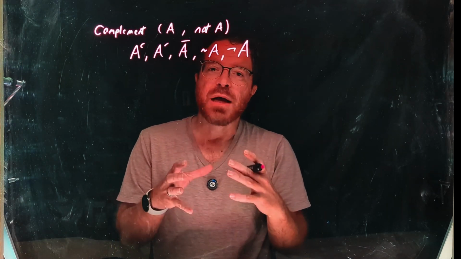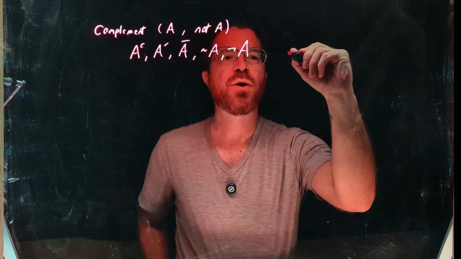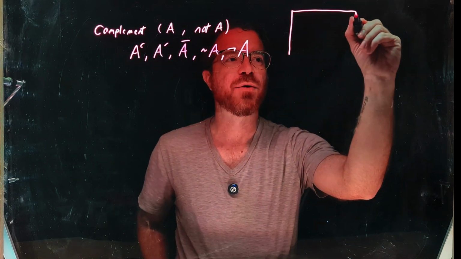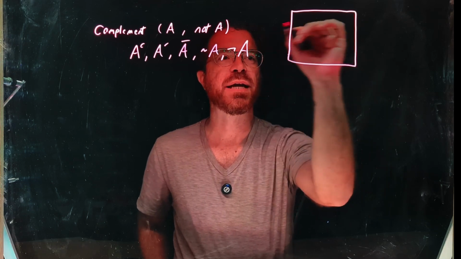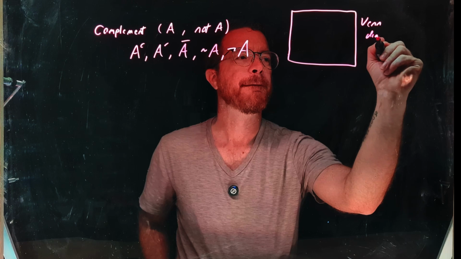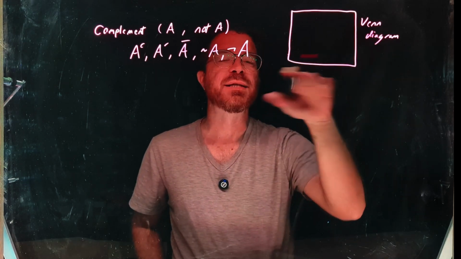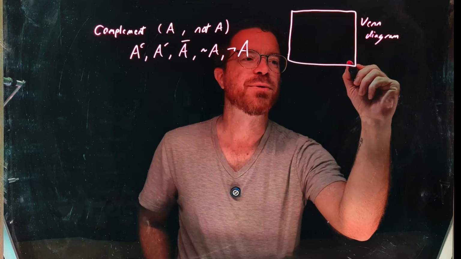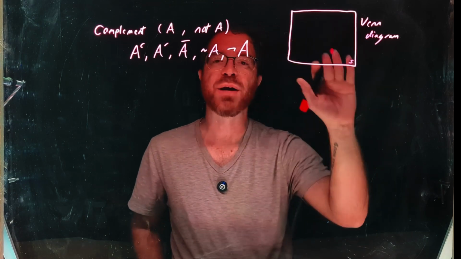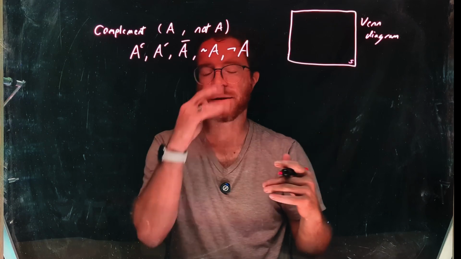The way that we visualize these logic statements in set theory is we draw what's called a Venn diagram. So this is a Venn diagram. And what we do within this box represents our sample space. It's everything. So whatever's within this box is our sample space, which is all of the possible outcomes.